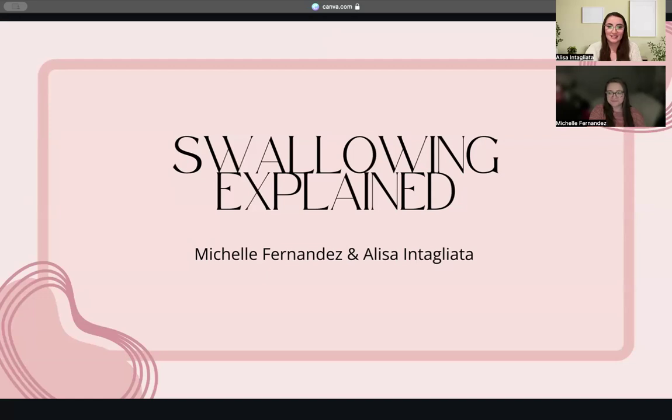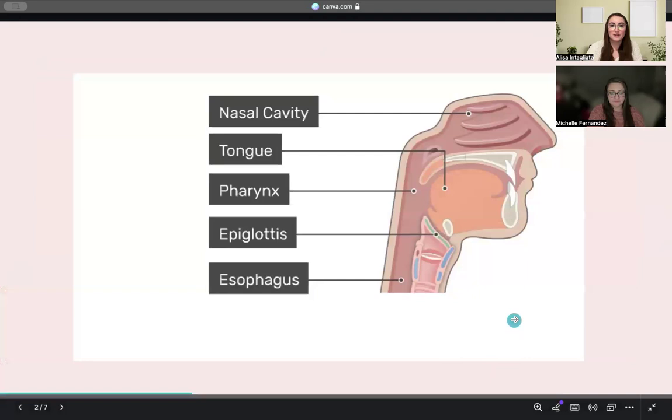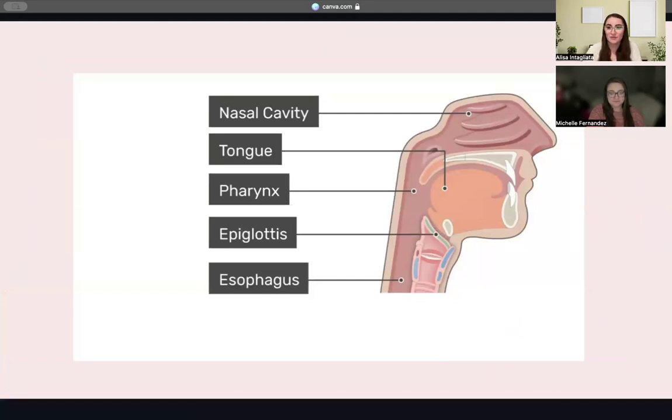So we're gonna get into it. First, we're just gonna go over some basic structures involved in swallowing. First we have our nasal cavity right here. This big orange structure is our tongue. Right above our tongue is our hard palate, and then behind it is our soft palate.